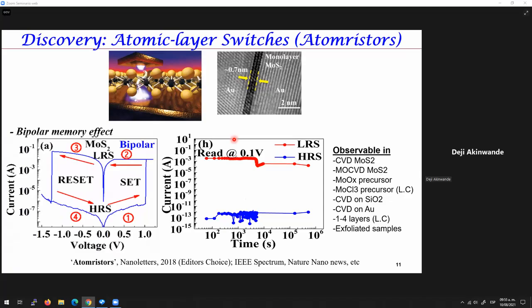So following the advice of several colleagues, we decided to check not only the materials that we were growing, but we checked in similar MIM devices using MoS2 materials grown by the best groups in the world, using CVD, MOCVD, different precursors grown on different substrates, different number of layers, and even exfoliated samples. And we could conclude that indeed this phenomenon, memory effect, is intrinsic to these atomically thin two-dimensional materials.